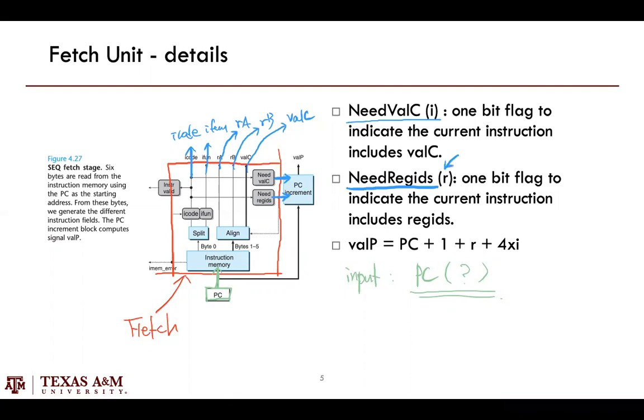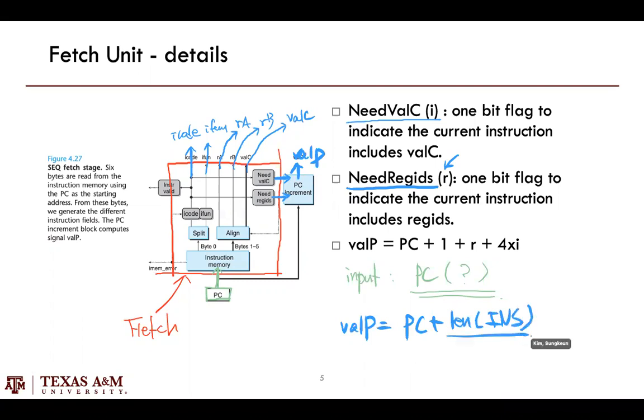Then why are they used by the PC increment module, and what is the PC increment module? The PC increment module calculates valP, which is one of the candidates for the next PC value, and we know valP is PC plus the length of the current instruction.